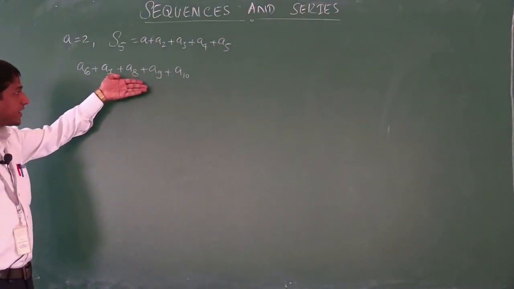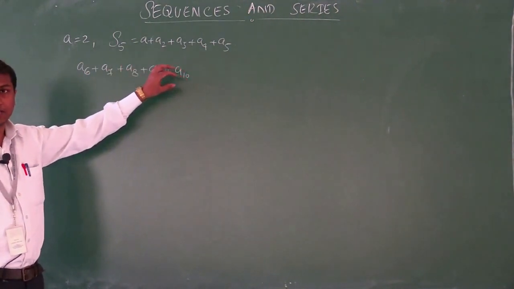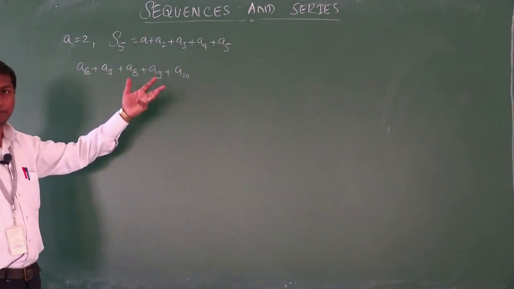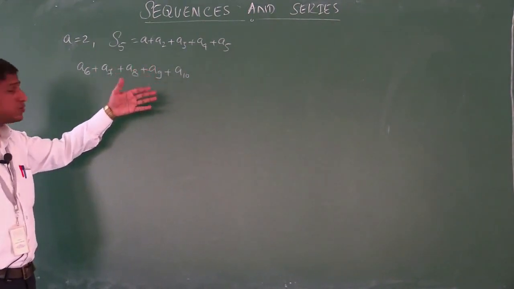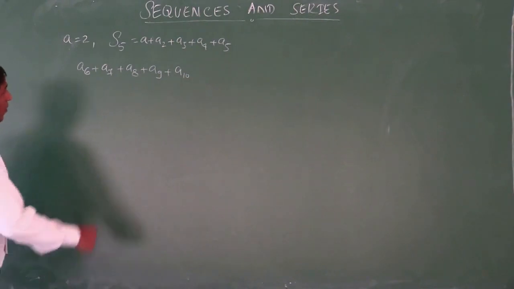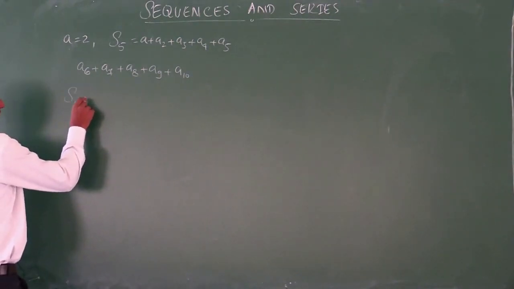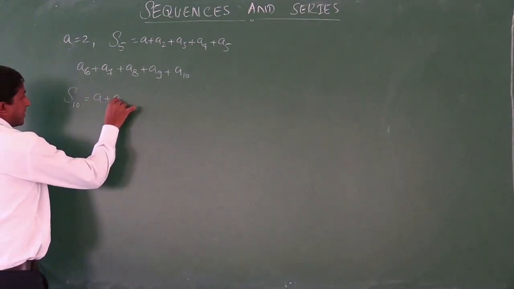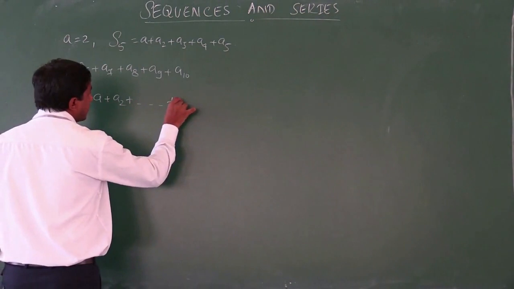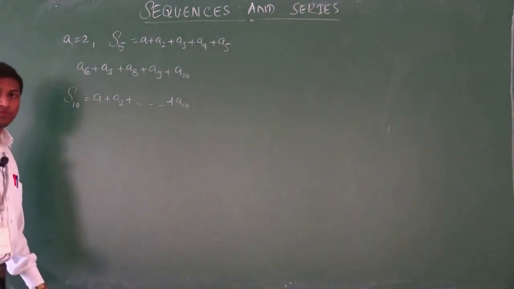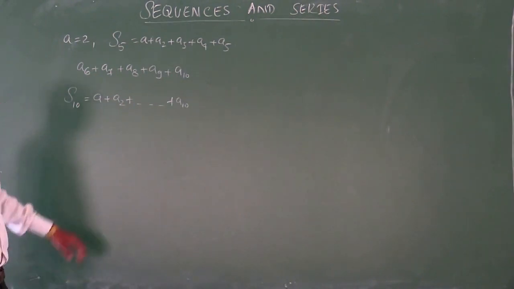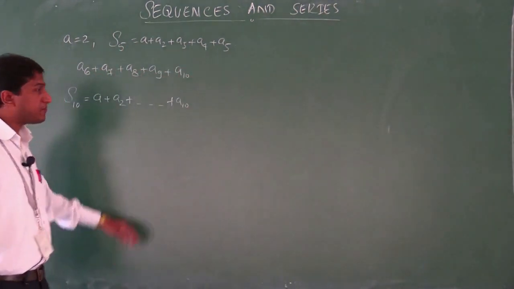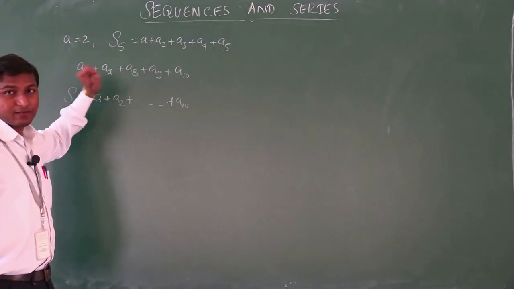I have to write the sum of next 5 terms in terms of S5 or in terms of the sum of n terms. So how can I write that? What is S10? S10 is a plus a2 plus so on up to a10, the sum of first 10 terms of the AP. Sum of first 5 terms we have written as S5.